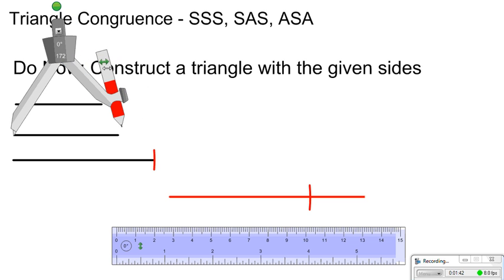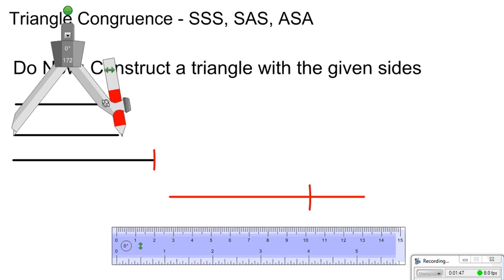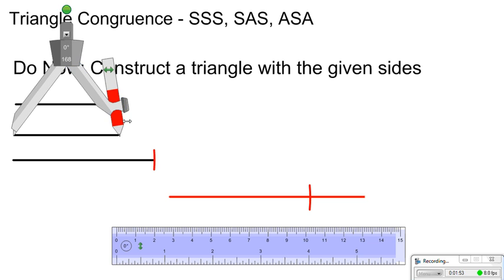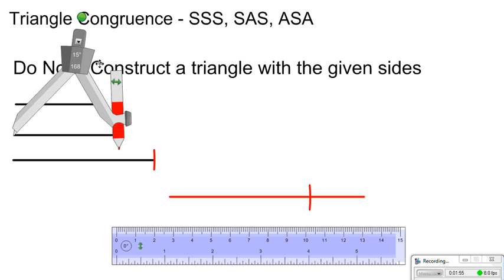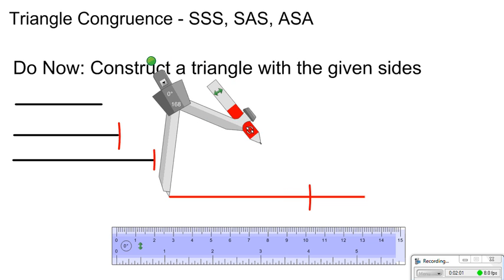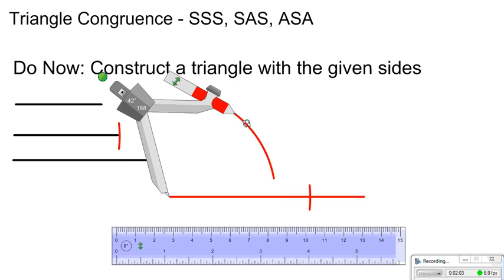For the second one, I'm going to come closer. So about right here. Okay, I am going to put that side around here. I don't know where the vertex will be, but it's going to be along this line.